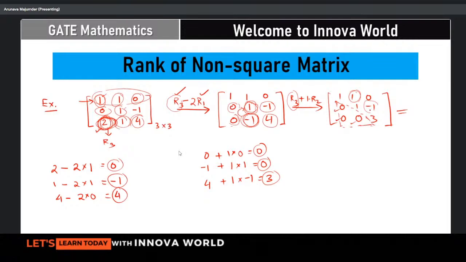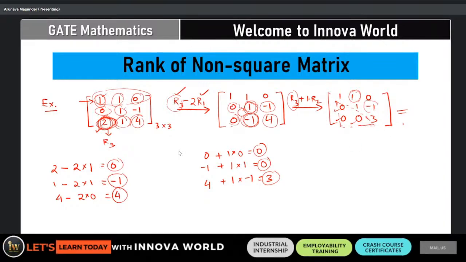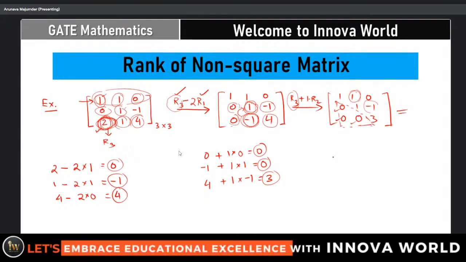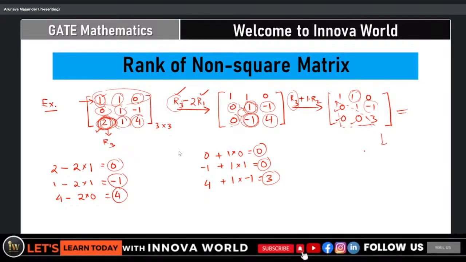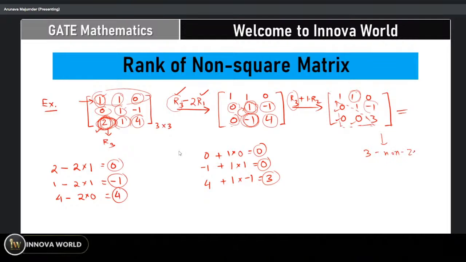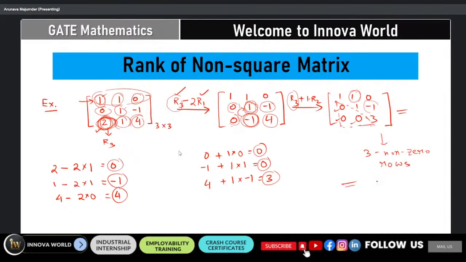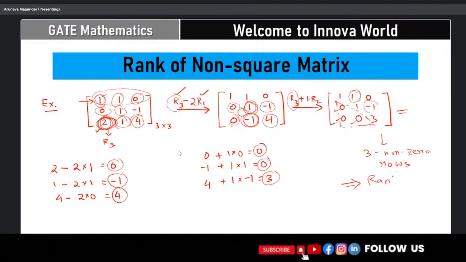Second row 0 1 minus 1. Third row 0 0 3. So no row has all elements 0. So this particular matrix has 3 non-zero rows. This implies the rank of the matrix is equal to 3.